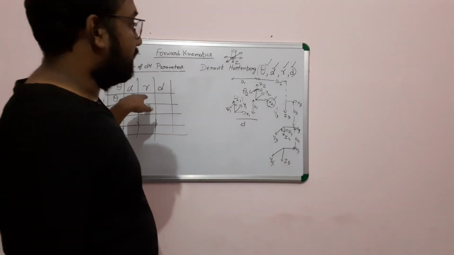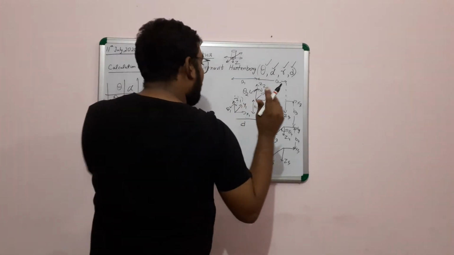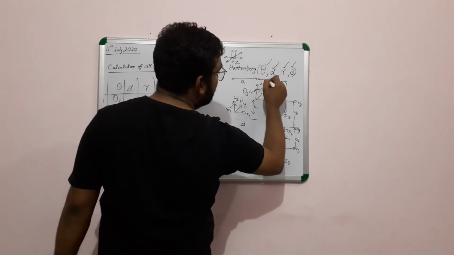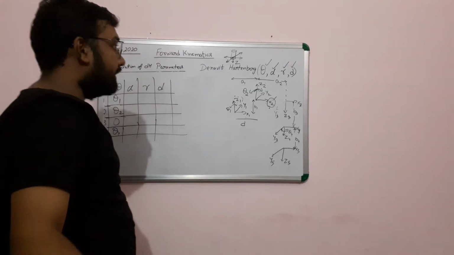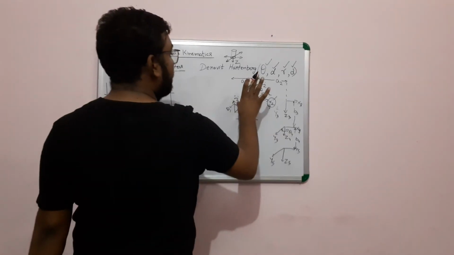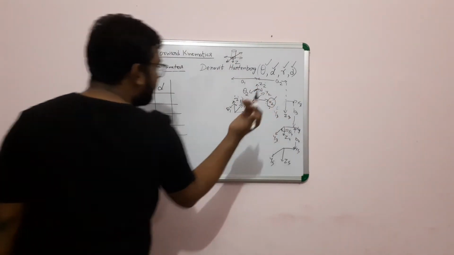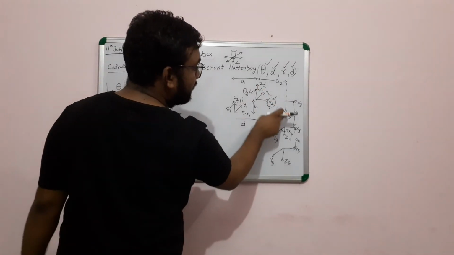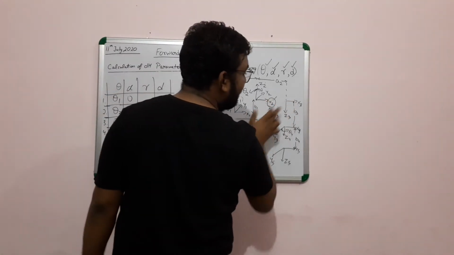What about alpha? Alpha is the angle of rotation that we need to make z1 equal to z2 in the direction of x2. So x1 to x2 is the same, in the direction of x2, so it will be 0. For z2, z3, it is 180 degrees, and we have to see the direction of x3.